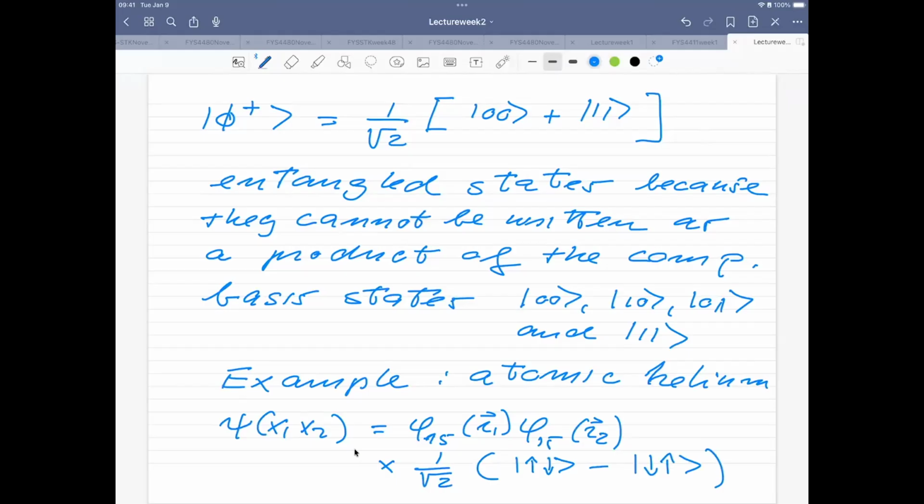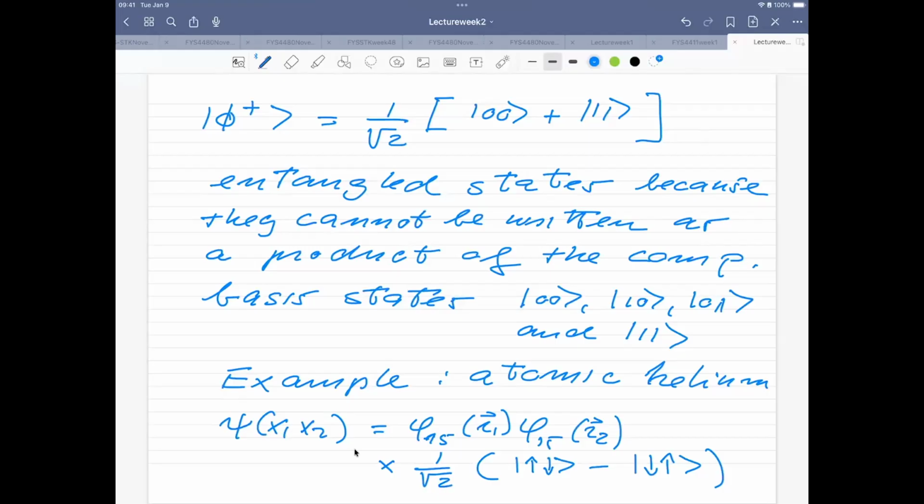You often use this system as a way to understand how you can set up an antisymmetric state.